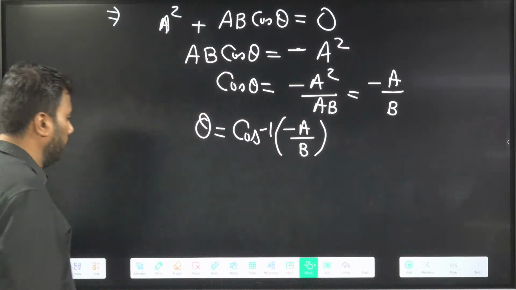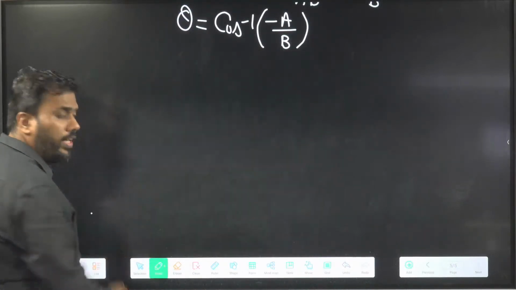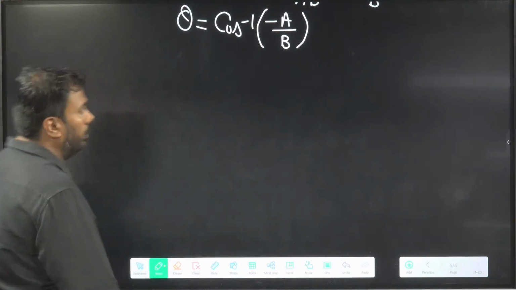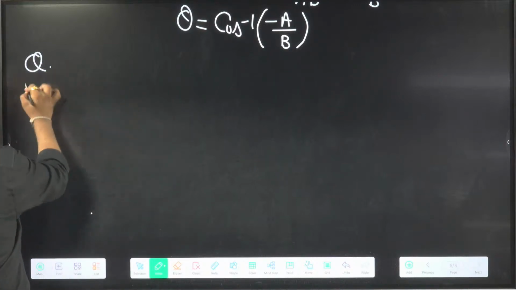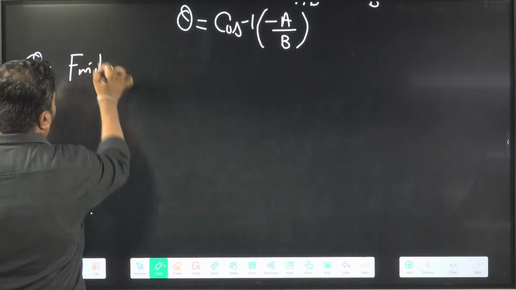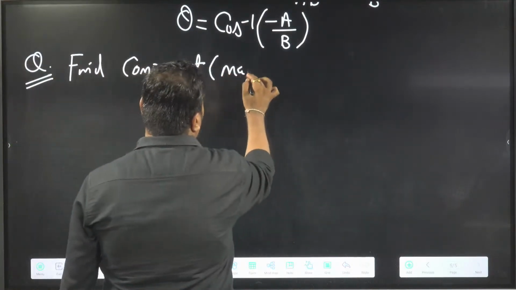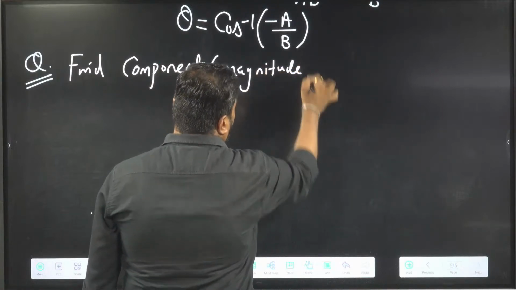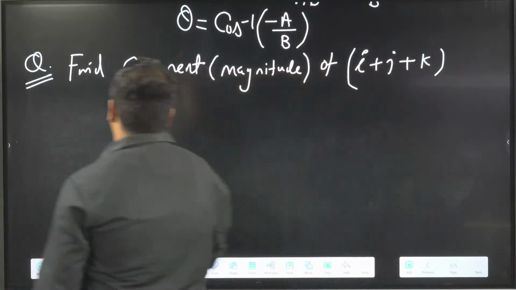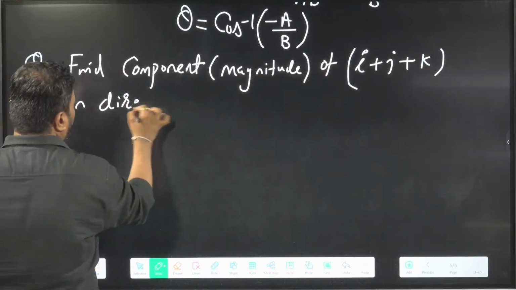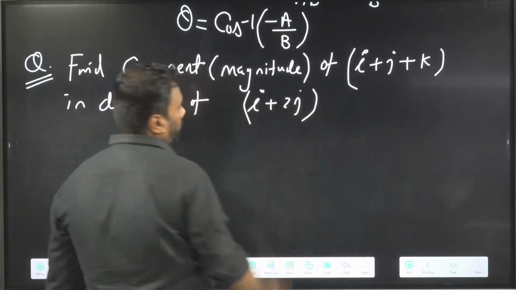Let us solve some more questions. We have covered the ninth property, how to find the component of a vector in the direction of another. Let us solve some questions on that property. Question: find the component, I am asking only the magnitude, of i plus j plus k in the direction of i plus 2j.